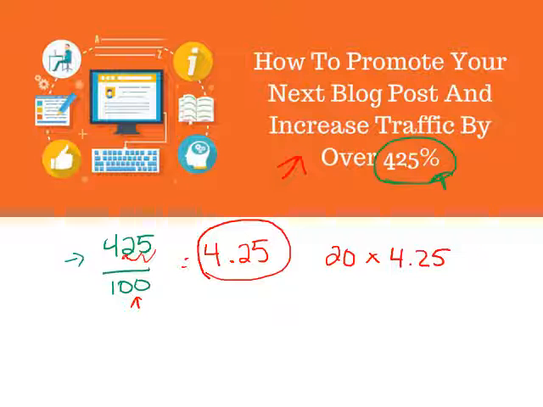Okay, and you would get a number bigger than 80, whatever 20 times 4.25 is. So it sounds a lot more impressive for companies to report it as a percent, because 425% sounds huge. If we said we're going to increase your sales by 4 times, that doesn't sound as impressive. So that is why companies use percents to report different sales or promotions or profits or increases or whatever.